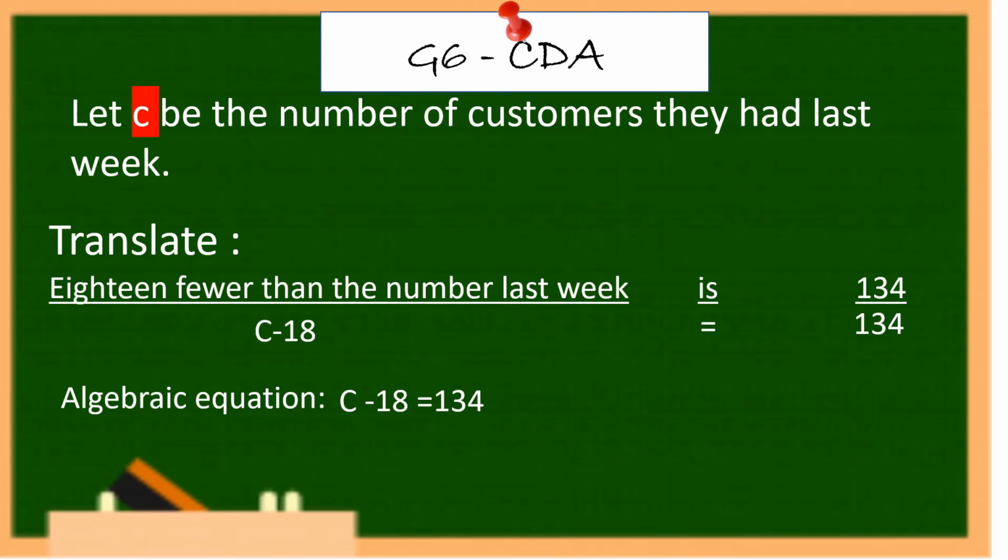Let C be the number of customers they had last week. To translate, 18 fewer than the number last week is or equals 134. An algebraic equation is C minus 18 equals 134.